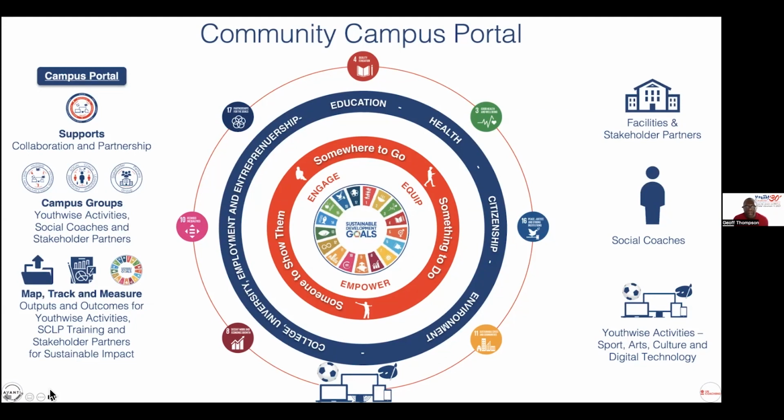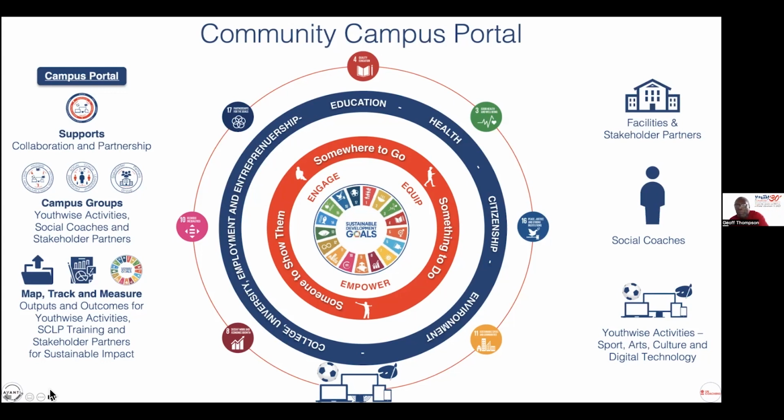The evidence of that is reflected in the 17 sustainable development goals, and Peter slightly misrepresented the fact that we have 7 of those 17 goals that reflect the community campus portal. And I had misinformed you that it was Sustainable Development Goal 5 that I heard Peter make reference to, but it is Sustainable Development Goal 4.